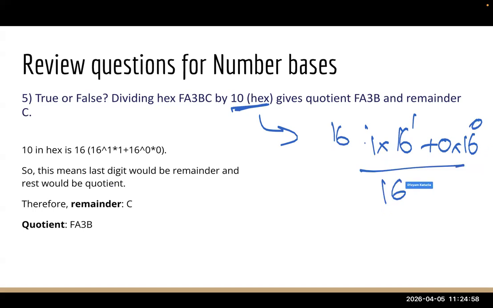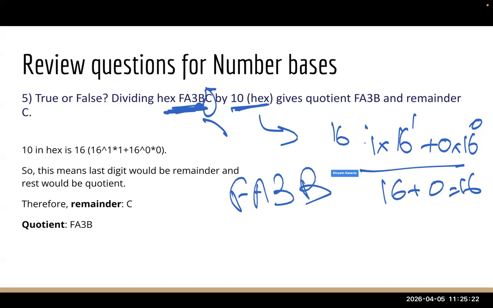So 16 plus 0, which is just 16. So this would mean that since 16 ends over here, the last digit is going to be the remainder because that is too small for it. So our remainder is therefore C, and our quotient would be the rest of the number, which is F A 3 B.